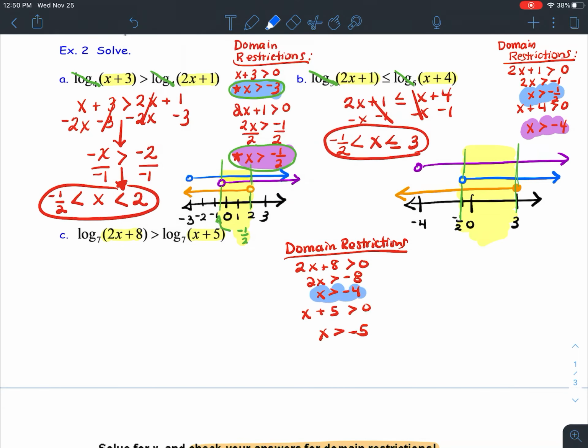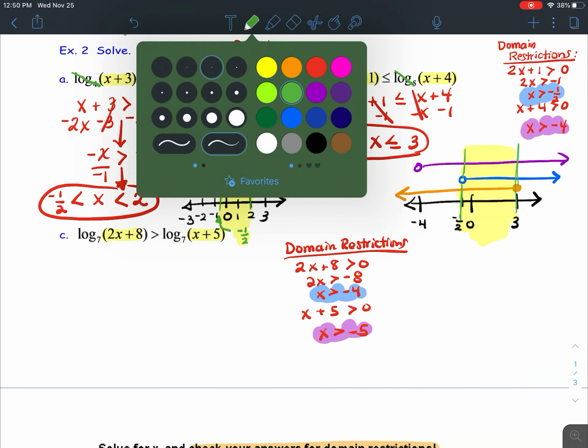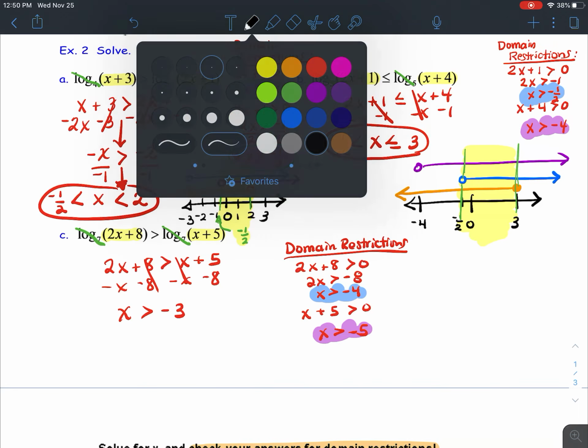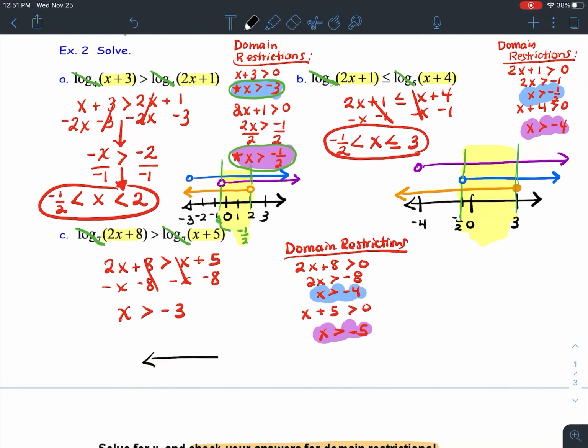We'll highlight the first one in blue, second one in purple. Come over here and do the one-to-one property with the inequality. All right, we're going to solve this for x. Initially, it looks like we're getting x has to be greater than -3.